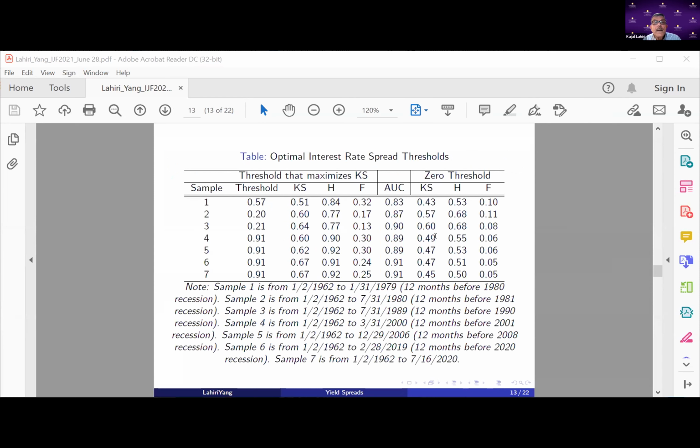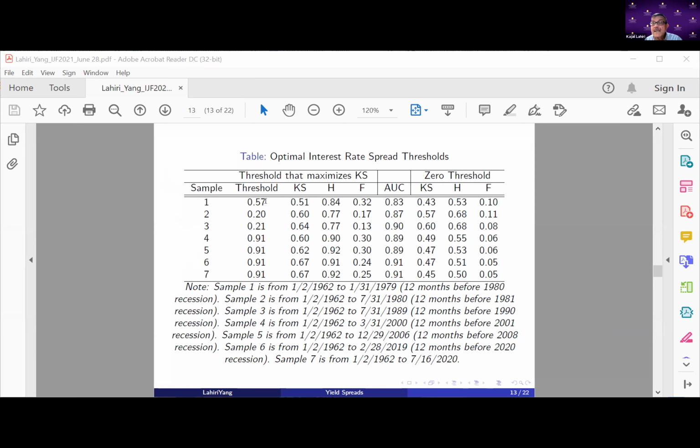Now this is our main table. So we have all these different samples, right? Recession 1980, 81, 82, the last recession, okay, cumulative data. And for each sample period, these are the thresholds which maximize the Kuiper score. What you see is that over this sample period, the threshold value should be zero, right?